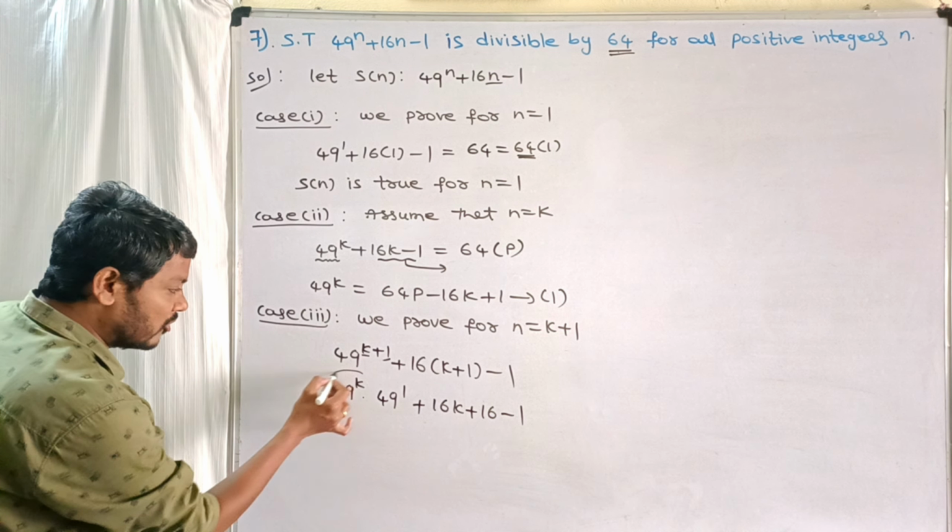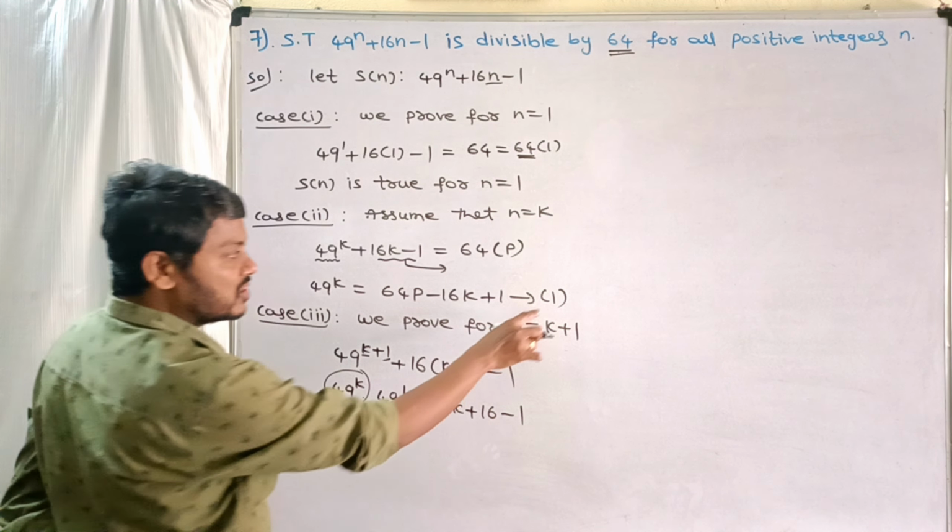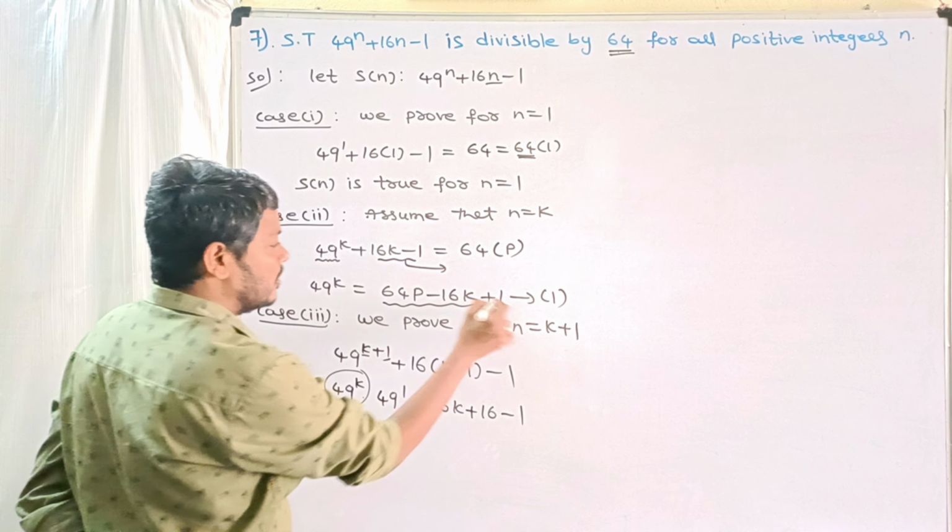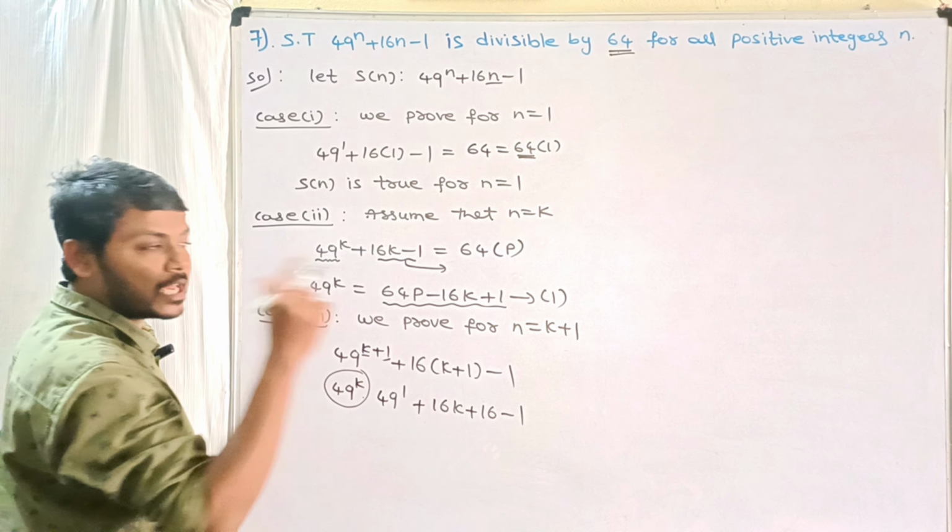From equation 1, what is the value of 49 power k? It is 64p minus 16k plus 1.